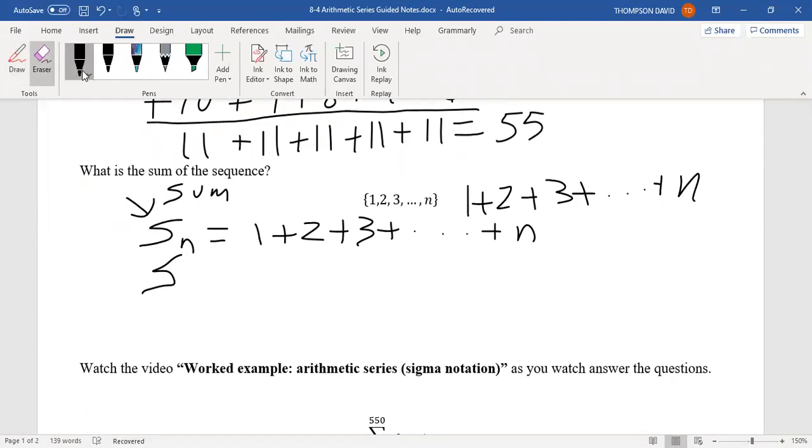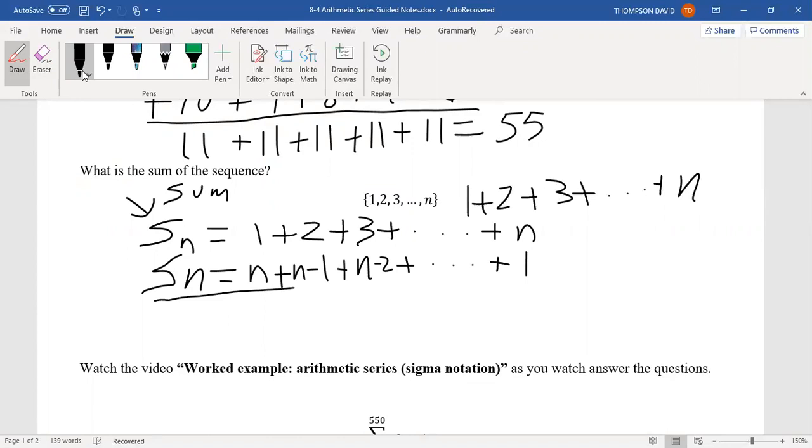Then we'll have Sn equals n plus n minus 1 plus n minus 2, etc., plus 1. So this first term, we add 1 plus n, that gives you n plus 1.